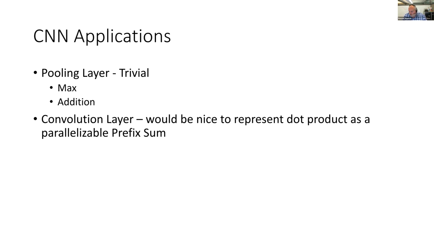So it looked originally that convolution is a very good candidate for this algorithm. The problem is I didn't know how to represent a convolution as a prefix sum. It took me just 3 years.